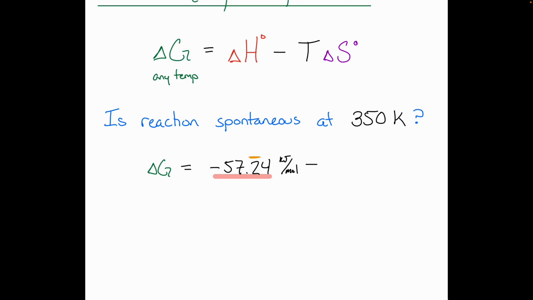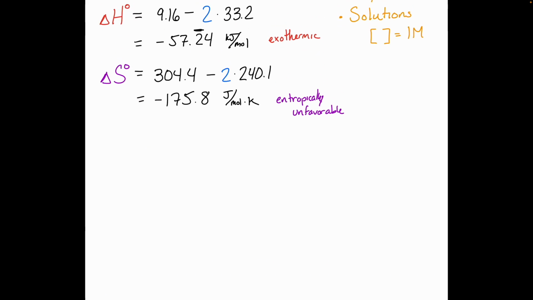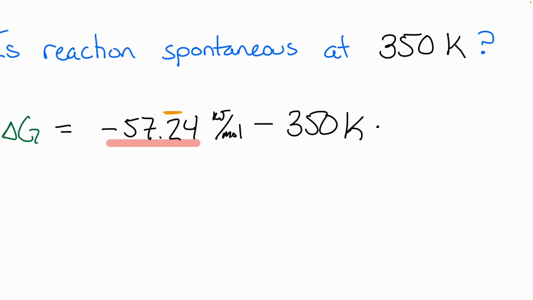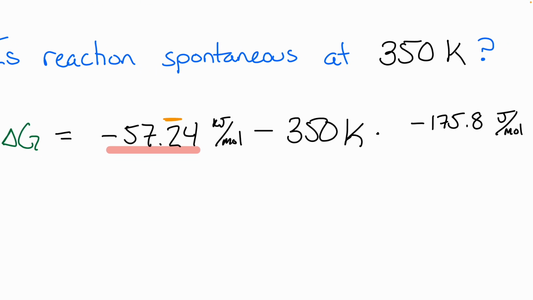We're going to subtract that temperature of 350 Kelvin multiplied by that entropy value of negative 175.8 joules per mole Kelvin. Joules per mole Kelvin, there it is. And this was my entropy value.